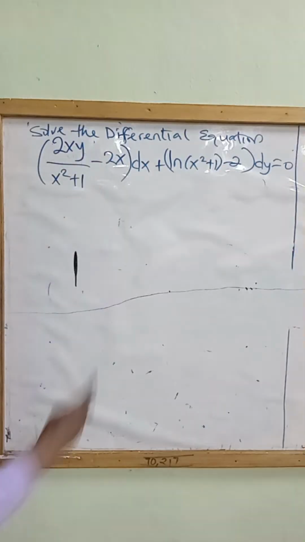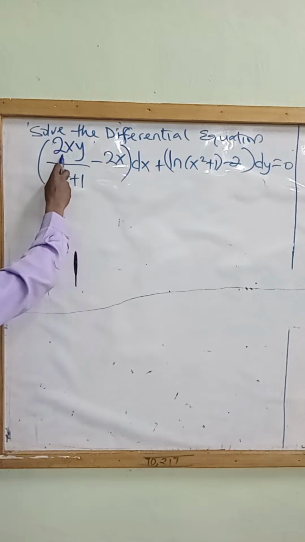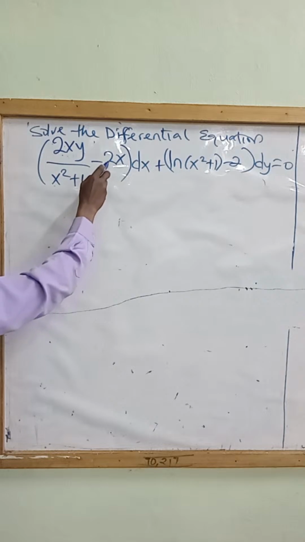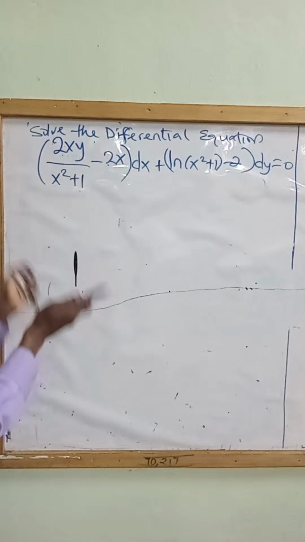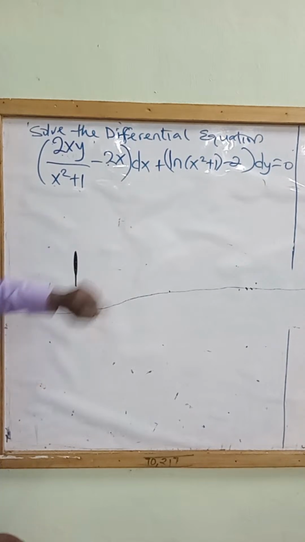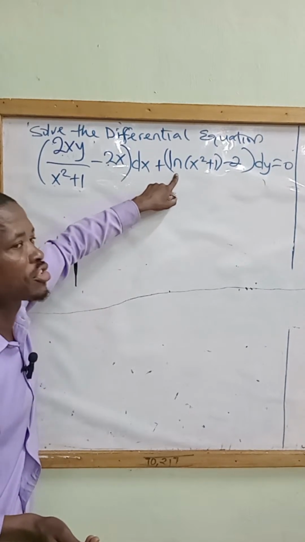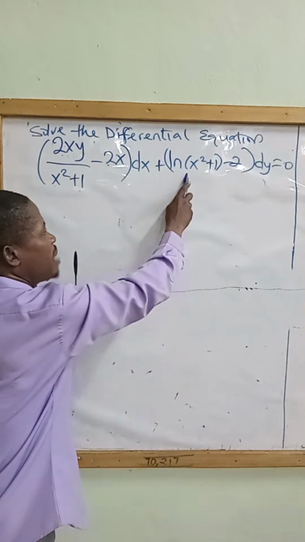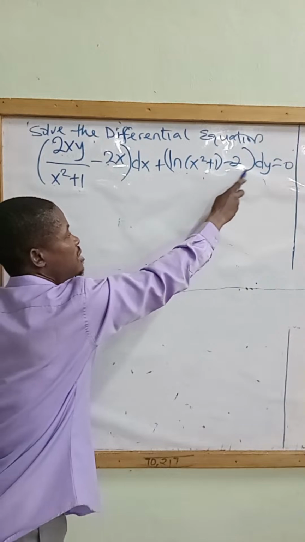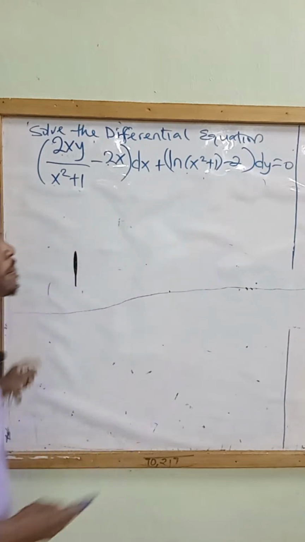The differential equation: 2xy over x squared plus 1 minus 2x, the brackets closed, dx, plus natural logarithm of x squared plus 1, close the brackets, minus 2, dy equal to 0.